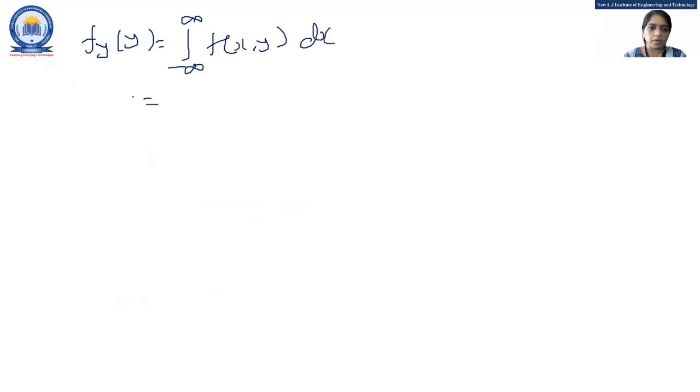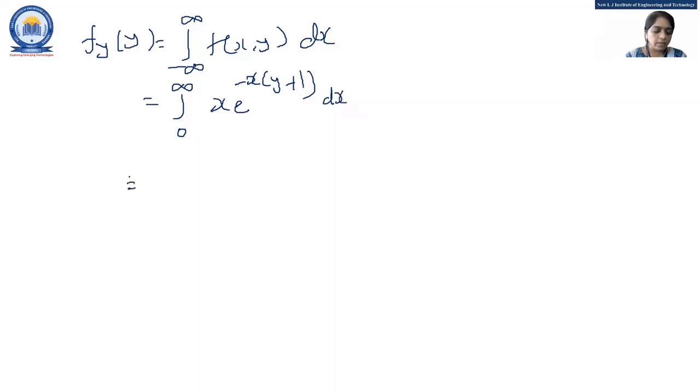Similarly, if I do for y, that is f of y for all y, that is minus infinity to infinity f of xy dx, right? Now, as you know, x and y both greater than 0. So here 0 to infinity, and my function is x e to the power minus x(y plus 1) dx, right?